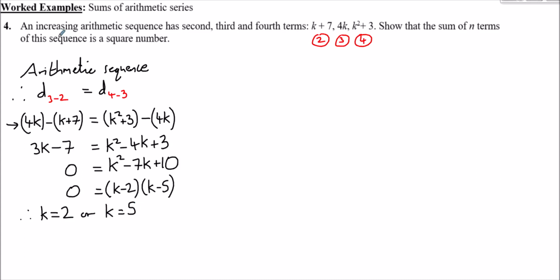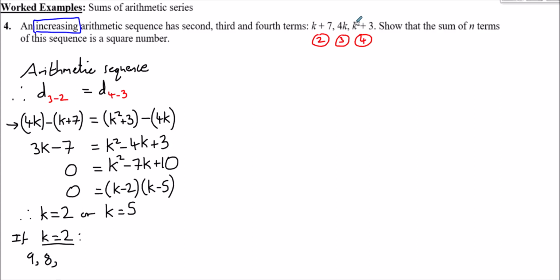Now we're told here that this sequence is increasing. So we need to just check which one of these values of k, maybe both, would give us an increasing sequence. So if k is 2, is that going to work? If k is 2, 2 plus 7 is 9. 4 times k, 4 times 2 is 8.